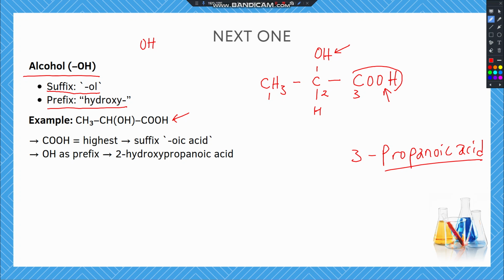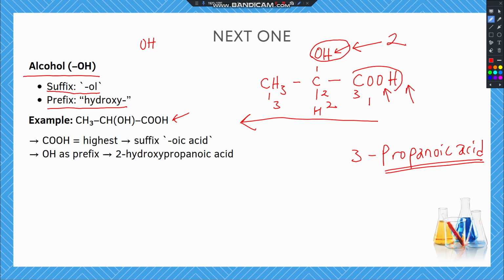So now that we have identified the suffix to be propanoic acid, the next thing to do is to treat this one as a prefix, since it is not the main functional group. So now let's identify the position that it is on. Remember, since this is the main functional group, we are going to count from the end that is closest to it. So that means we'll count from right to the left. So we have carbon number 1, carbon number 2, carbon number 3. So automatically this hydroxyl functional group is on carbon number 2.